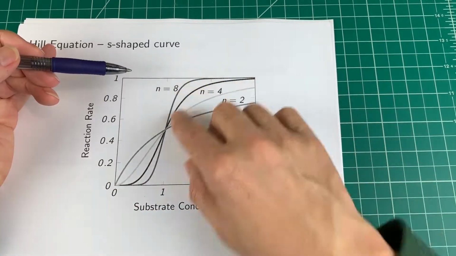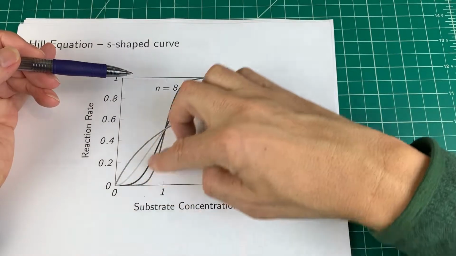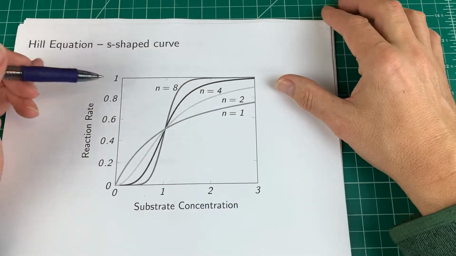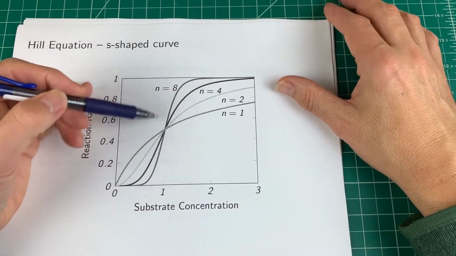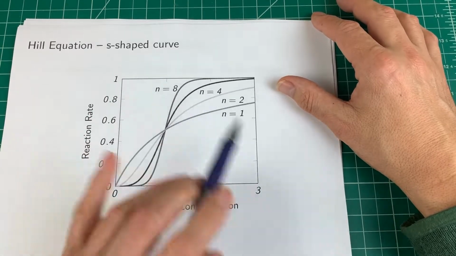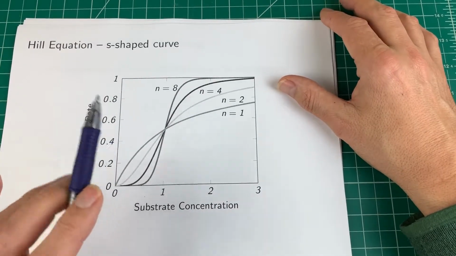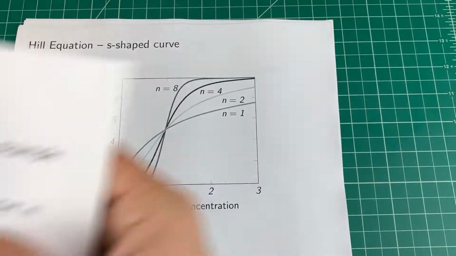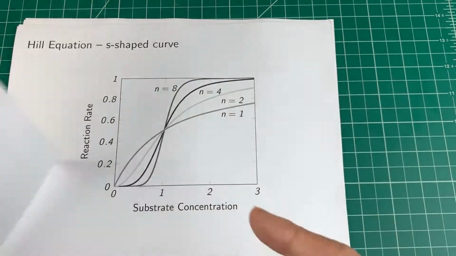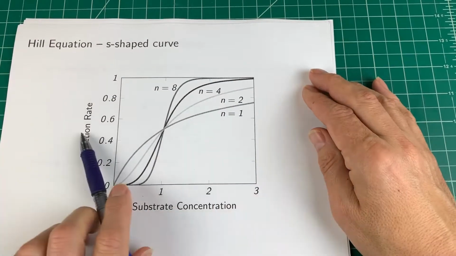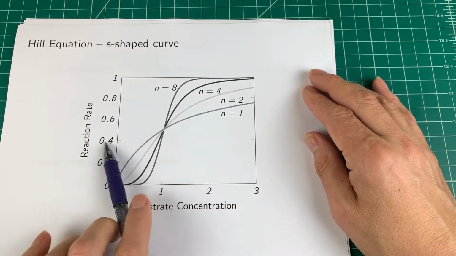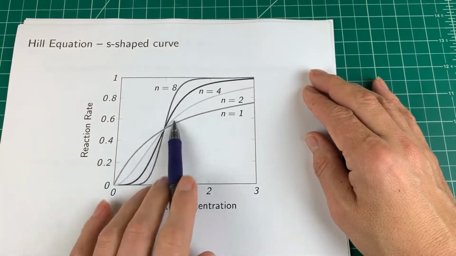I can keep on increasing n, and it gets sharper and sharper. So I can make any kind of S-shaped curve I want just by changing n. Out of interest, the Kh term basically moves the curve back and forth, but it's the n that changes the S shape.